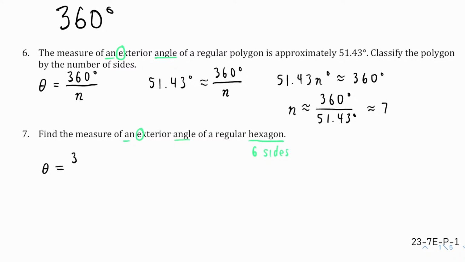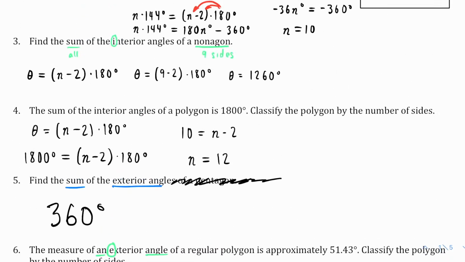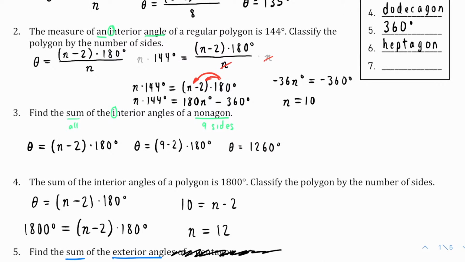Theta equals 360 degrees divided by n. N is 6, so theta equals 360 degrees divided by 6. And so theta equals 60 degrees. And that's it for the first page.